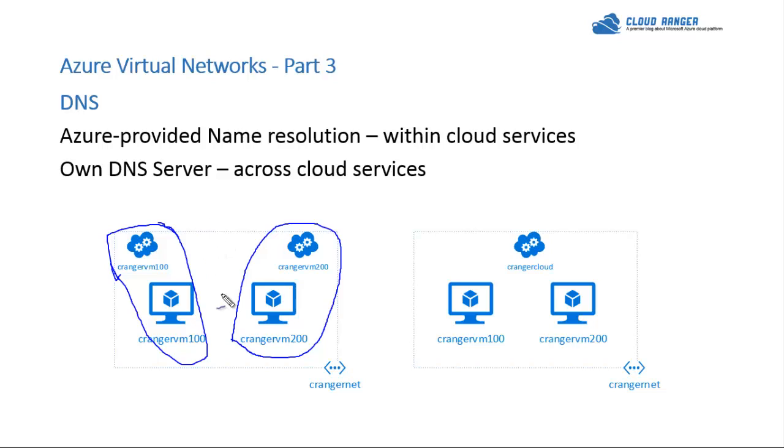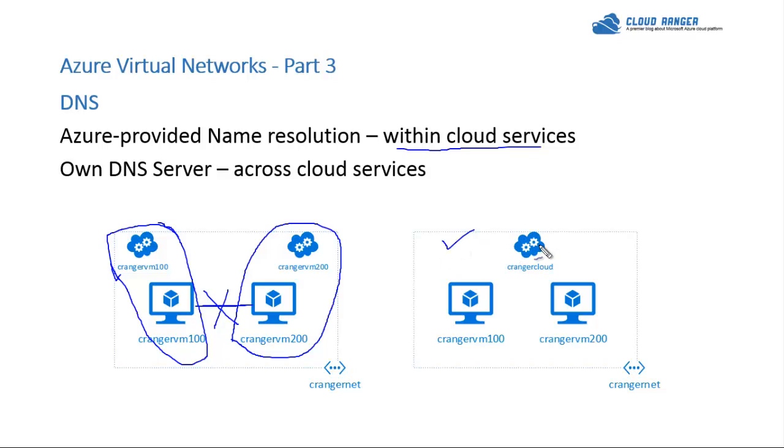Azure does not provide name resolution between these two virtual machines if they have their own cloud services. Azure says that we can only provide name resolution if they are in the same cloud service.